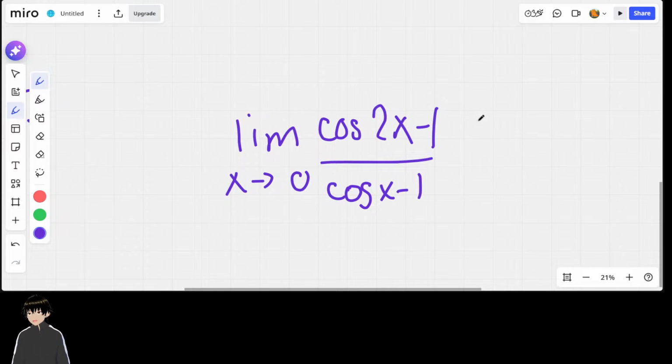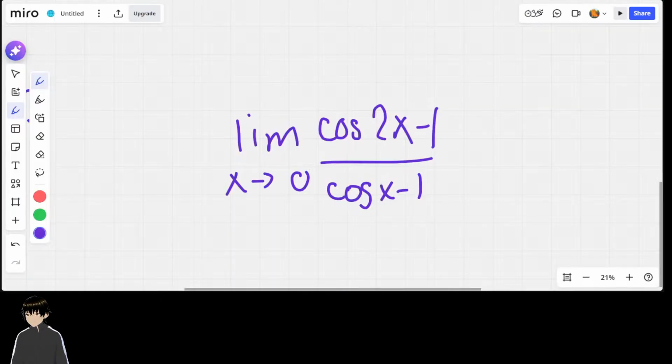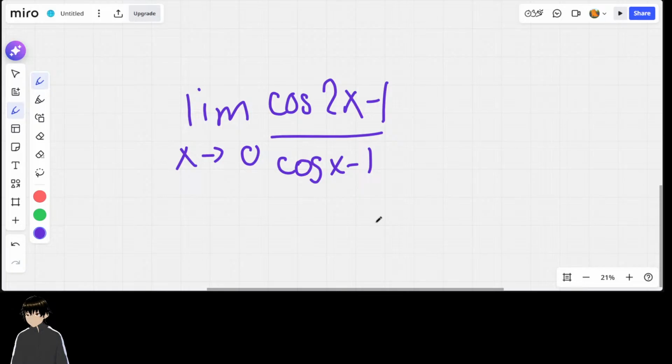So I'm trying to understand how this works. How does it work?